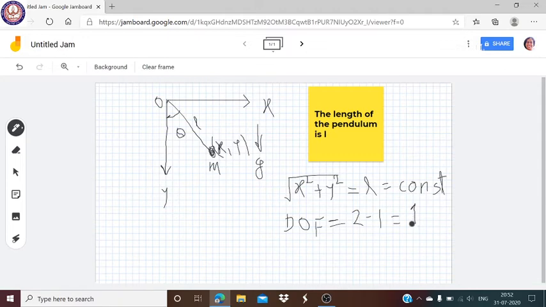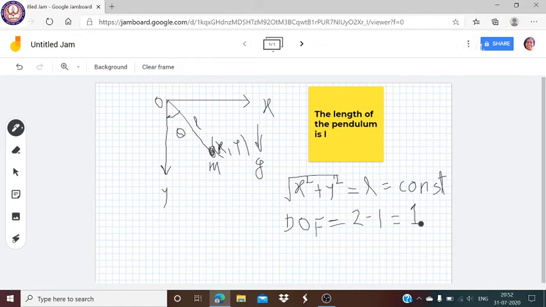Now, as I have told you in a previous lecture, general positional coordinates can be transformed and redefined to a new set of coordinates which are called generalized coordinates, and the generalized coordinates are independent of each other.